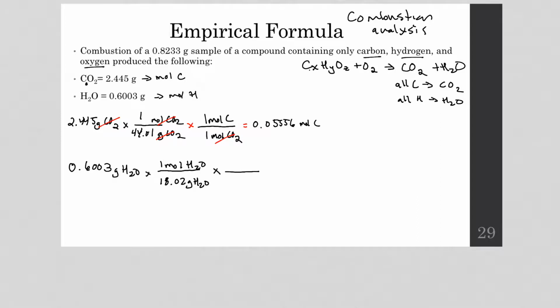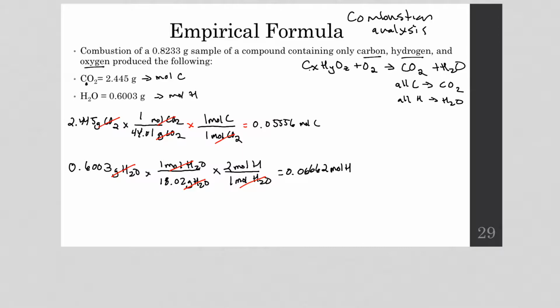And if I look at my water, I have 2 moles of hydrogen for every 1 mole of water. So if I follow my dimensional analysis, follow my units, my grams of water cancel, my moles of water cancel, and I'm going to be left with moles of hydrogen. So if I do this, I get 0.06662 moles of hydrogen.